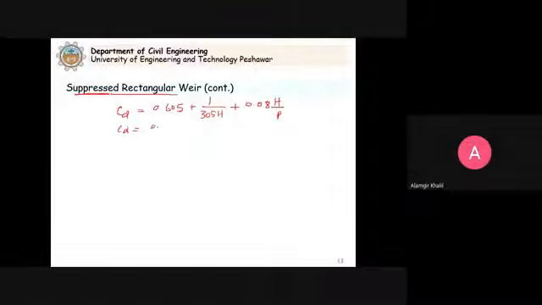This is equal to 0.605 plus the same terms; this is in BG units. The first one is in the British gravitational system. And this is in SI units.